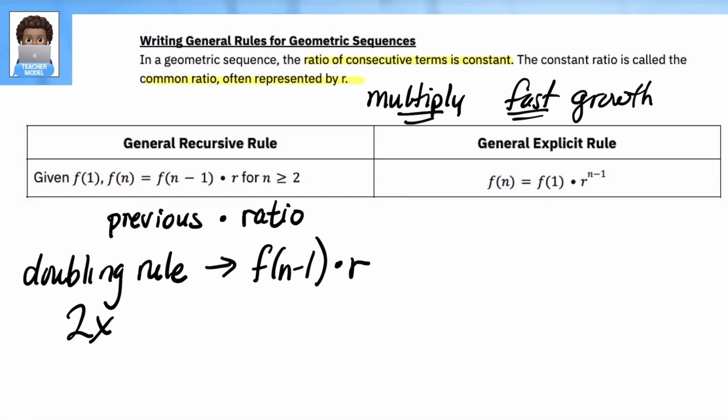And in this case, it would be f of n minus 1 times 2. That would be our recursive rule. And when we think recursively, we can look at numbers and see if they're doubling or tripling. You can just see it.